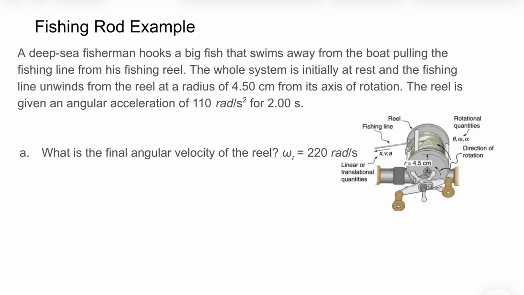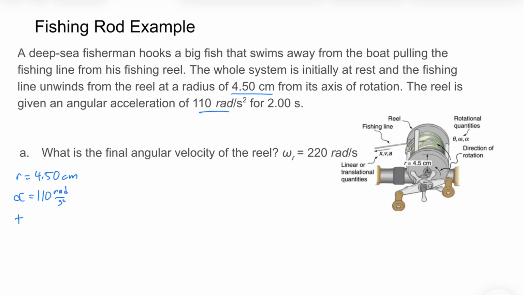And again, what we need to do is relate what we know and what we don't know, right? So let's find out our knowns. We know that the radius of the wheel is 4.50 centimeters. And we know that the angular acceleration is 110 radians per second squared.